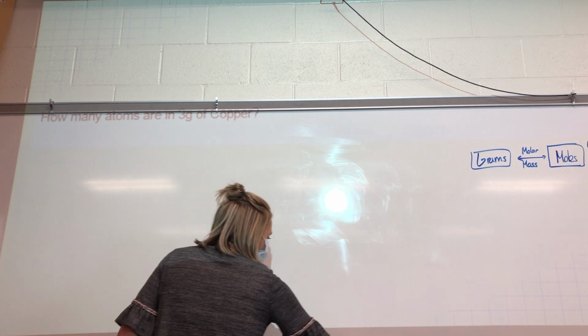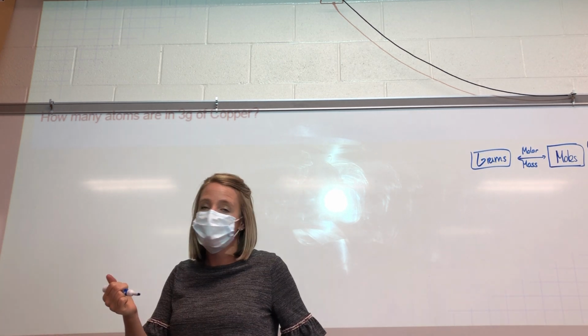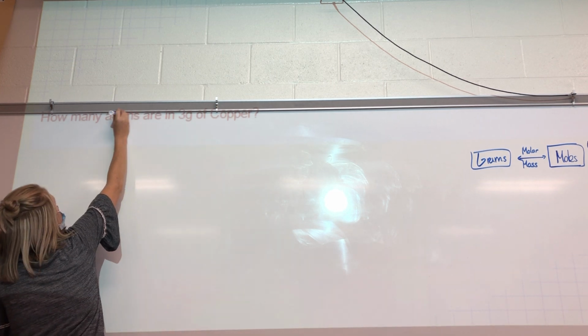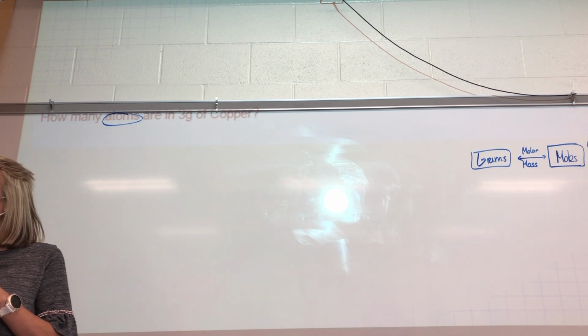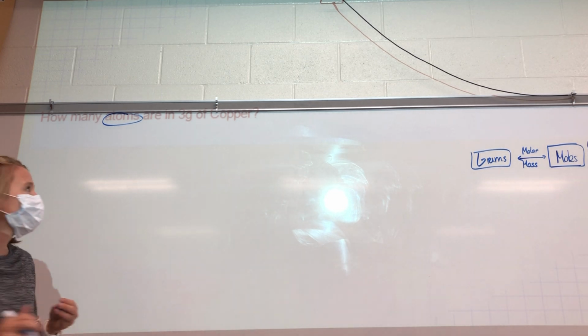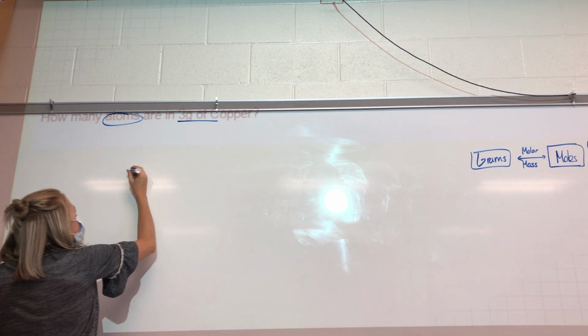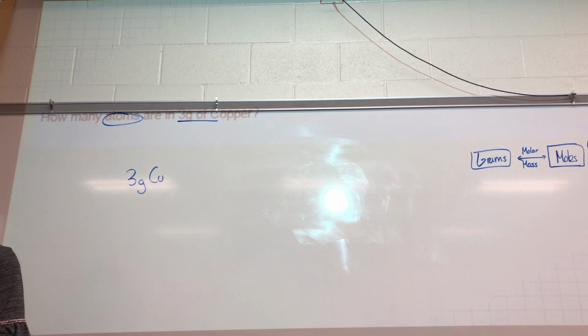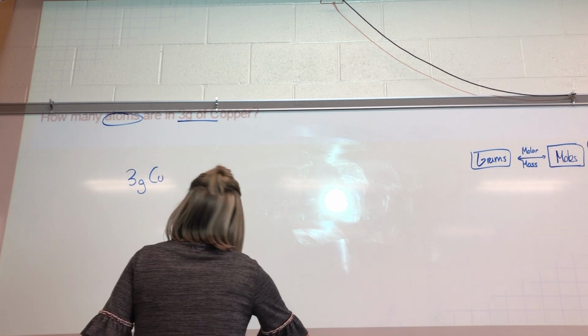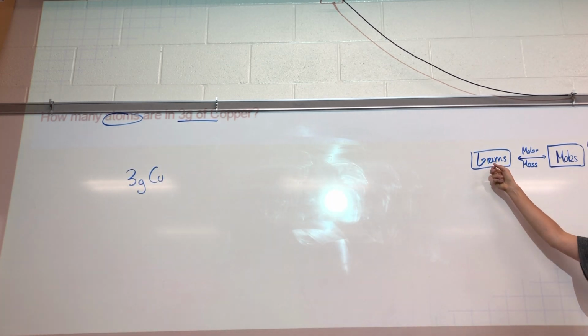So once again, circle, what are we trying to find here? How many atoms, so circle that word atoms. What do I know about my substance? Good. I have 3 grams of copper. If you take a look at our map, everybody, I'm in grams.